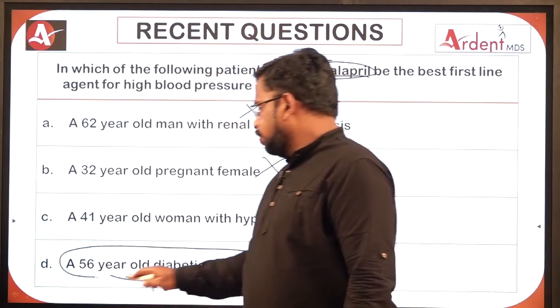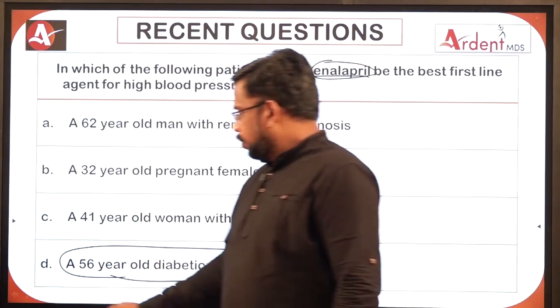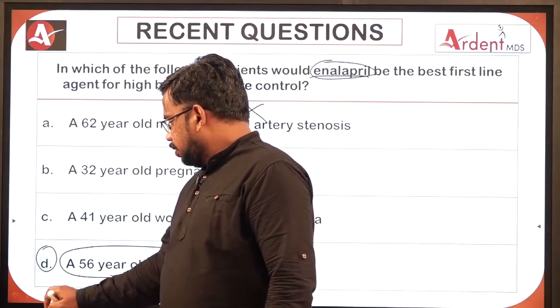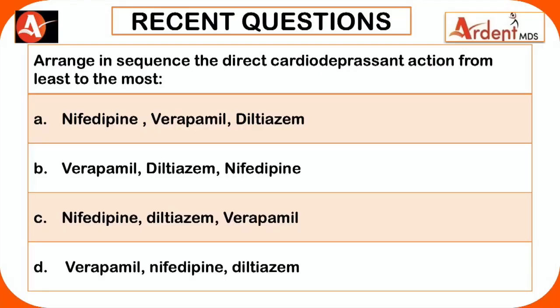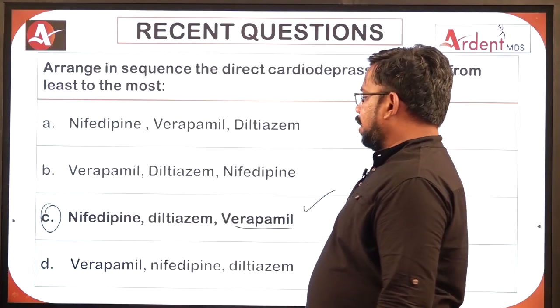But for a diabetic patient, ACE inhibitors are the best drug. So the answer is D. Arrange in sequence the direct cardiodepressant action from least to most. The cardiodepressant action is maximum for nifedipine and minimum for verapamil. So the answer is C.